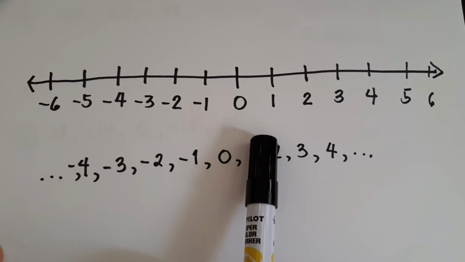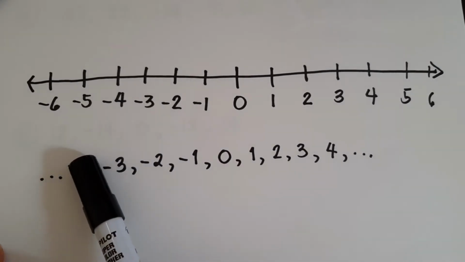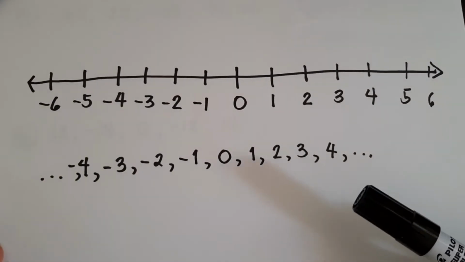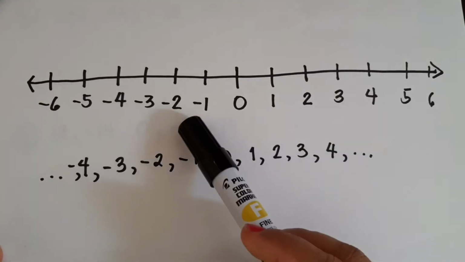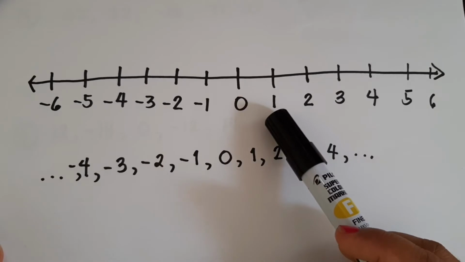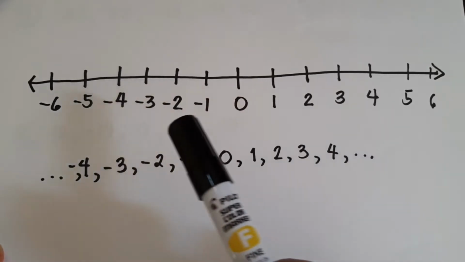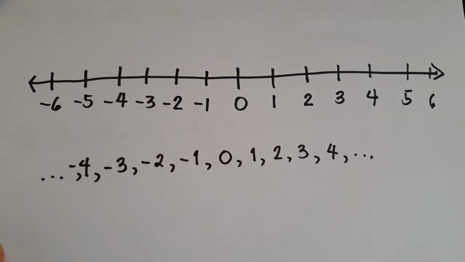So, mas pumupunta sa kaliwa, mas bumababa ang integer. So, since these numbers are the opposite of each other, negative 1 is the opposite of positive 1. Negative 2 is the opposite of positive 2. Negative 3 is the opposite of positive 3, and so on.